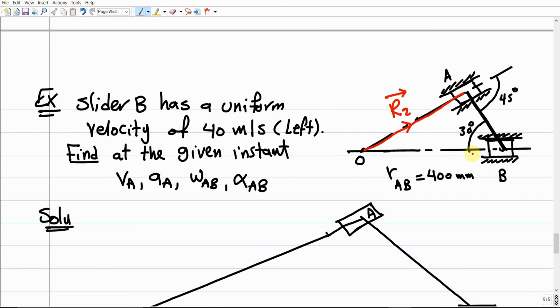Agree? And basically, we're gonna have another position vector, which should go to the other slider as given here. It should go in this direction. And we're gonna give this one as R1, position vector 1 that goes to the slider. How about the link? We're gonna have a position vector for this link, and we don't care what is the exact position or direction of this link, because this link is already doing general plane motion.